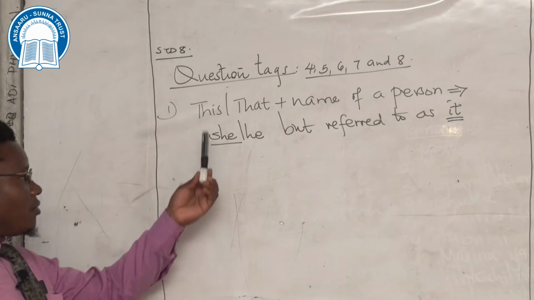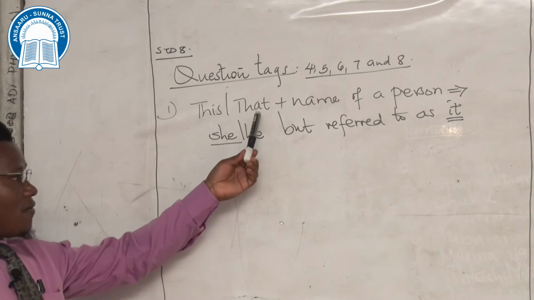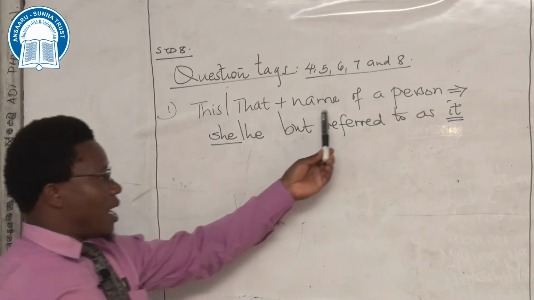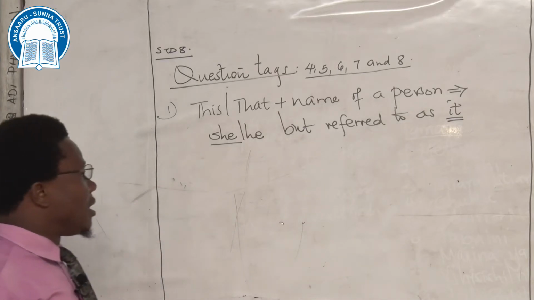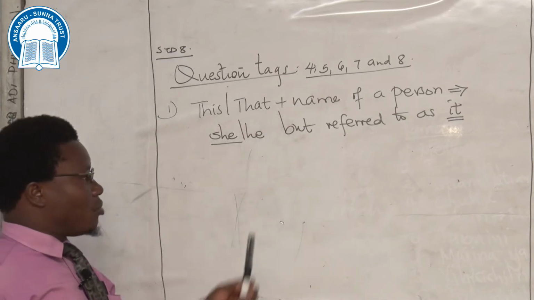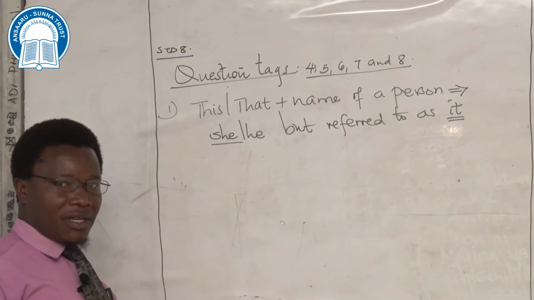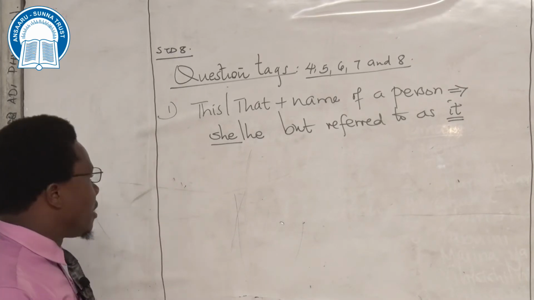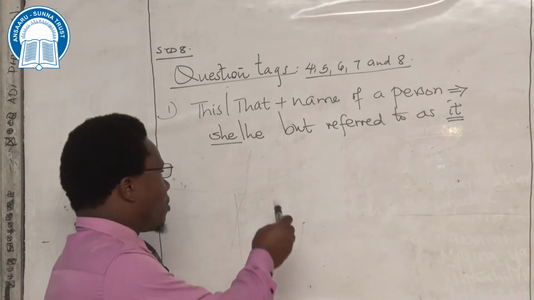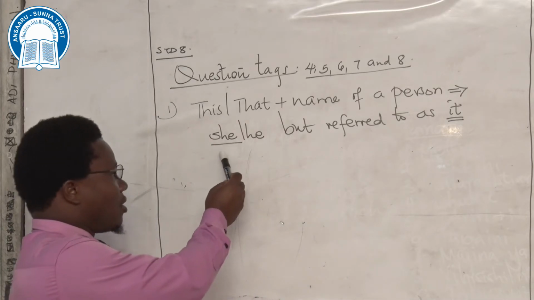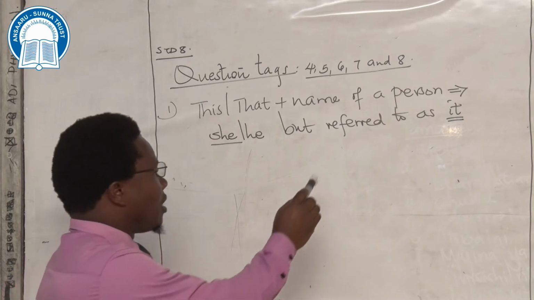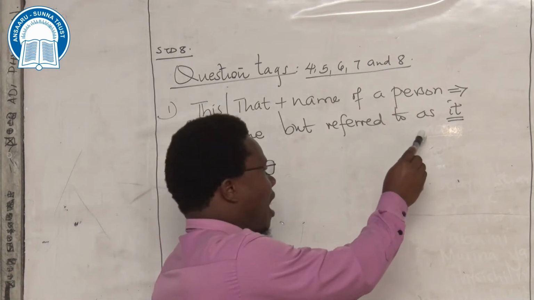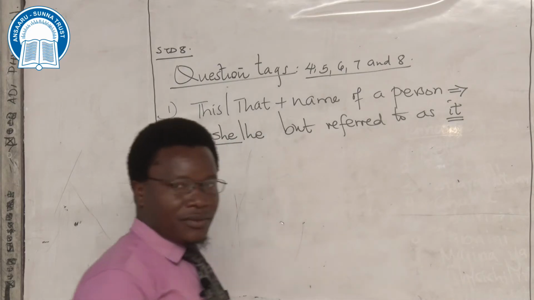That when we have this or that followed by a name of a person in a statement, this name of a person, be it masculine or feminine, it shouldn't be followed by she or he, but that name of a person is referred to as it.